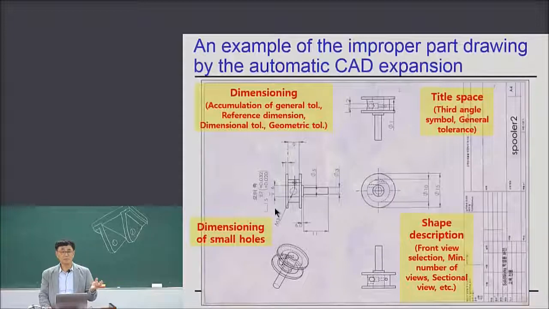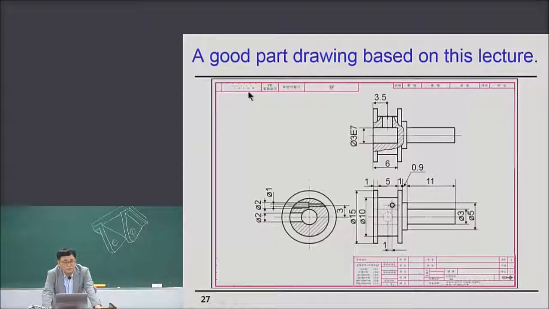This is a ridiculous drawing. Please understand that. All right. Since this is a good example for part drawing, now, sectional view, nice sectional views.